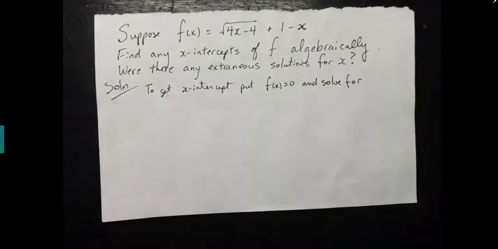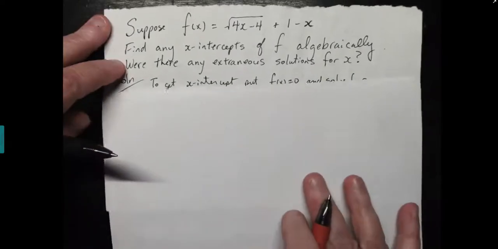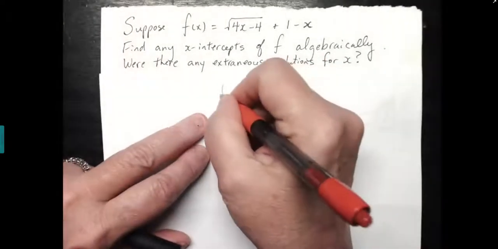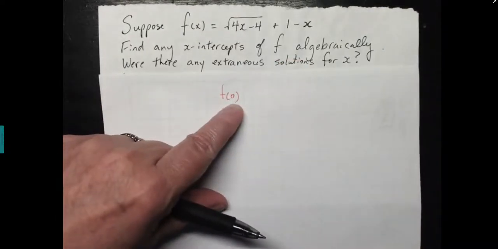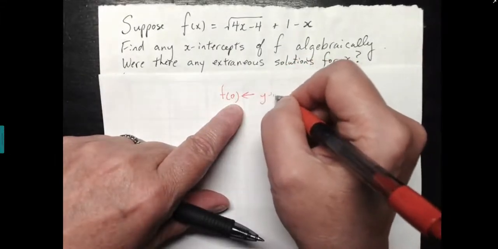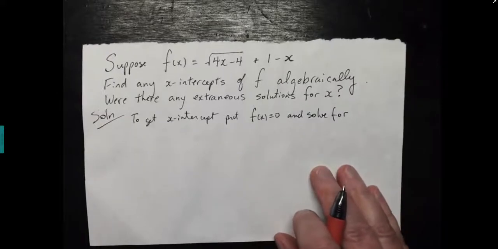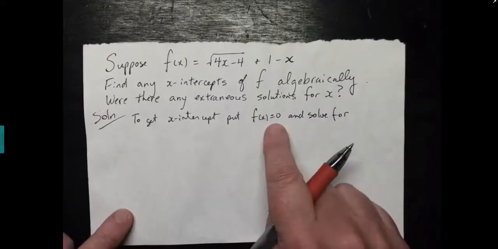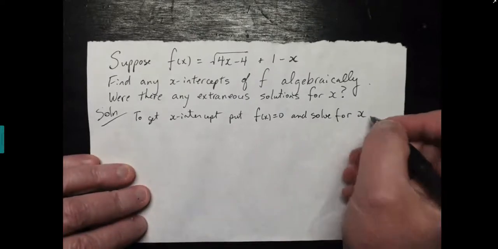Now, there are a lot of students who get that wrong and who think they just have to solve that. So putting x equal to 0. That is how you get the y-intercept. But we've been asked here to solve for the x-intercept. So this is a different matter entirely. So we do not put x equal to 0. So we want to solve for x.